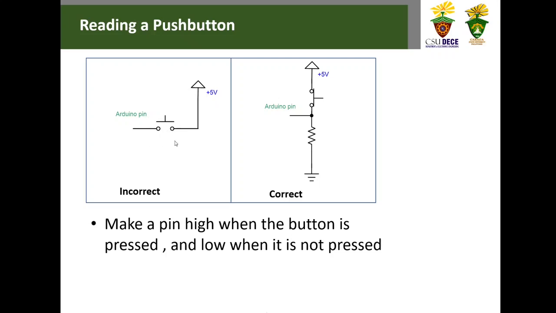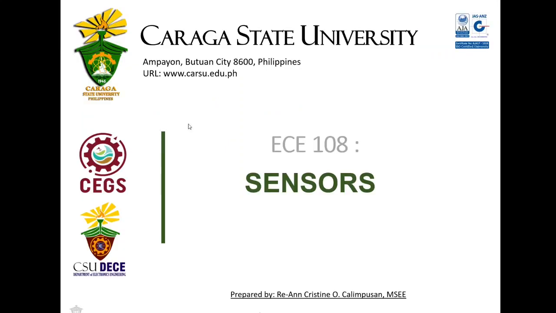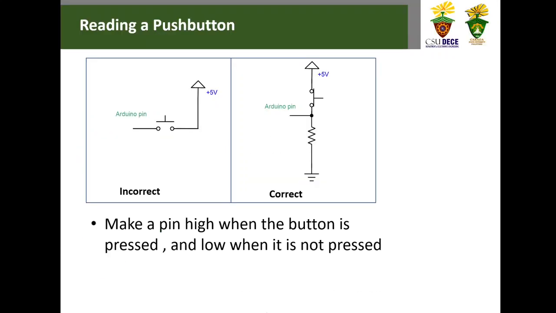So why we have said that it is incorrect, since kung i-press nato ni siya, ma-close na ang circuit, right? So when this is pressed, ma-connect na ni siya. So correct na siya, high nga voltage. But if it is not pressed, for example like that, wala na ang Arduino pin nato, it is not connected in either terminal.